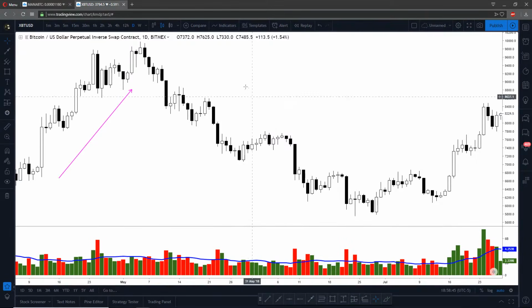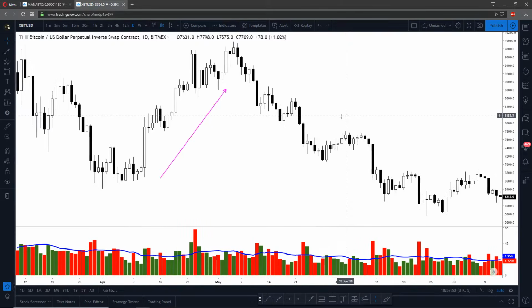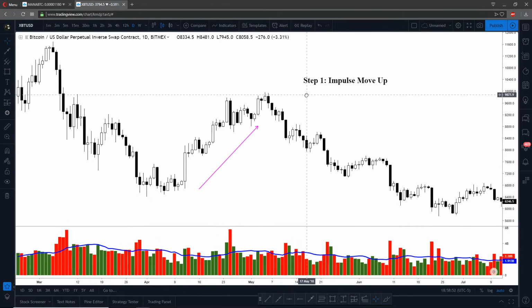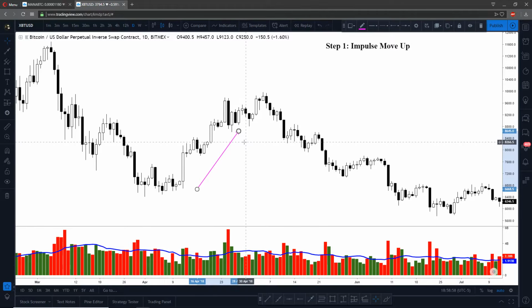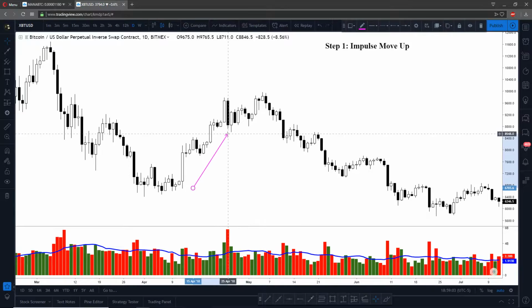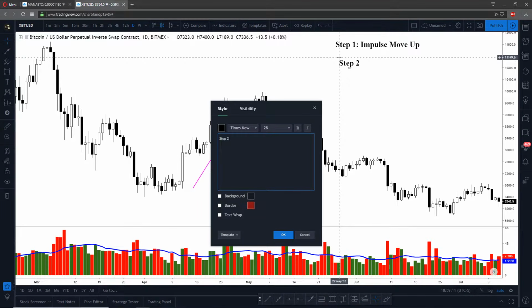We're going to use this as our first example. Now, step 2, you're going to find your accumulation high.